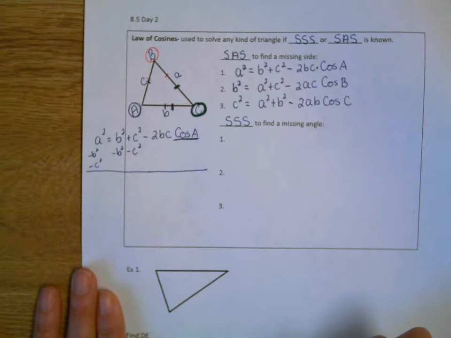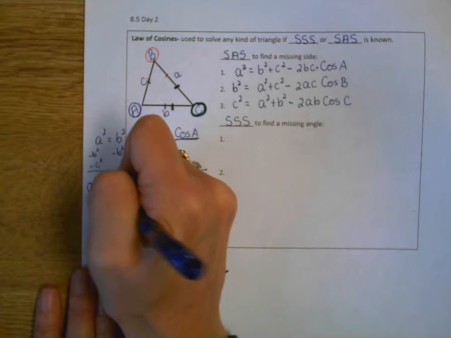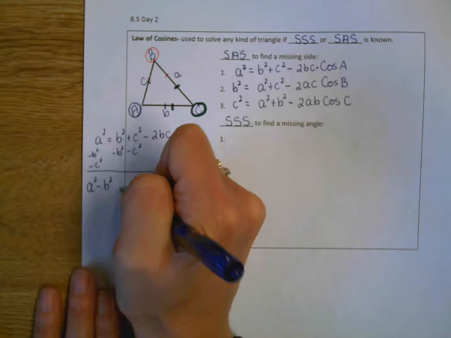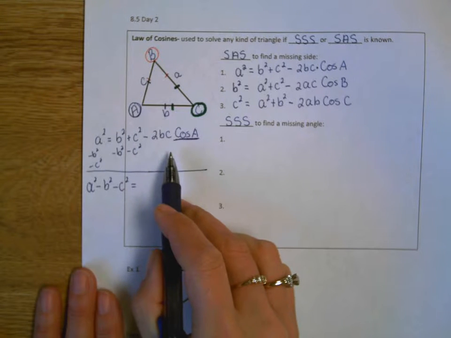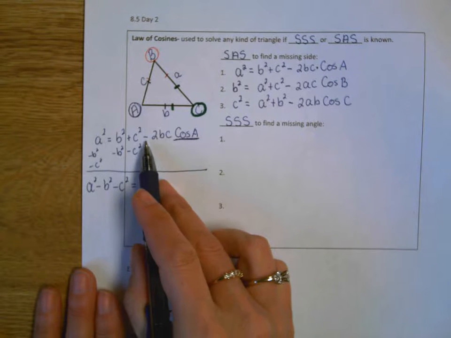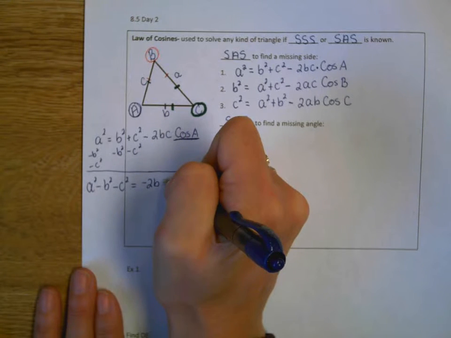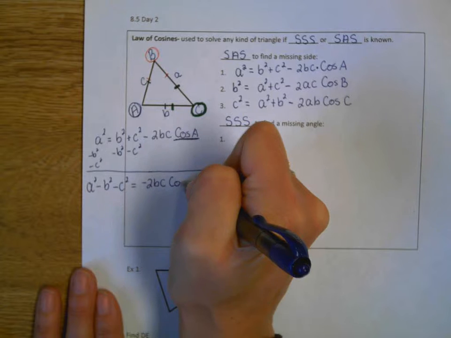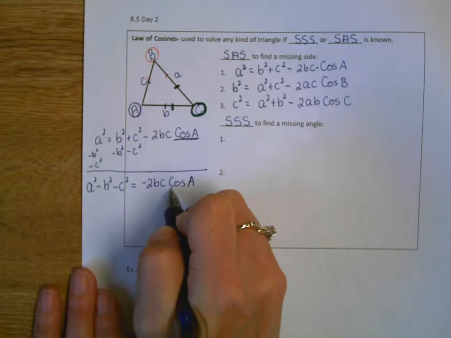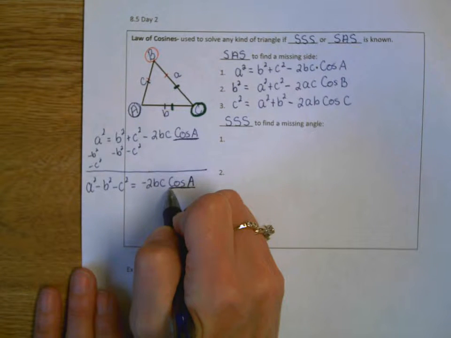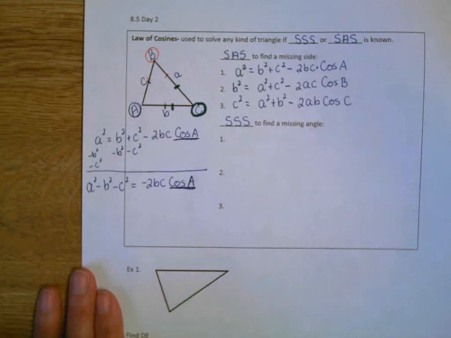When I do that, on the left-hand side now I have A squared. Then I'm going to subtract B squared and C squared. What's left over here on the right? I still have this negative 2 times B times C times the cosine of angle A. So I want to leave this here. How do I get rid of that negative 2 times B times C?